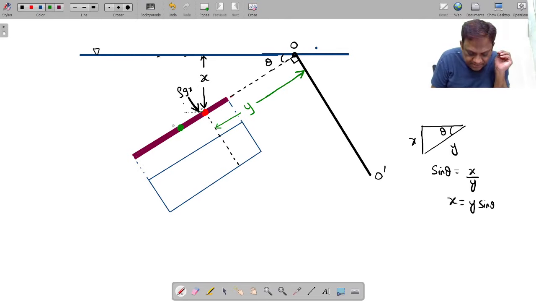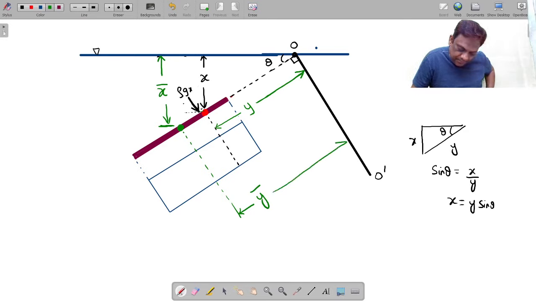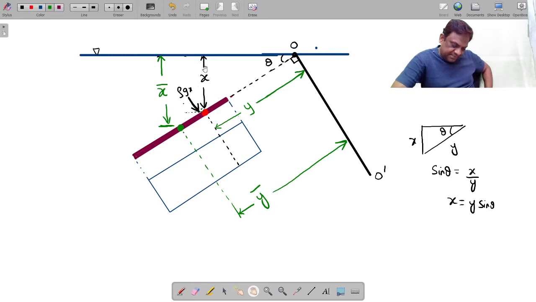So I will write this as x bar, and corresponding to x bar, I will write this as y bar. Please listen carefully. If this is x, this is y. If this is x bar, this will be y bar. If this is xcp, this will be ycp.